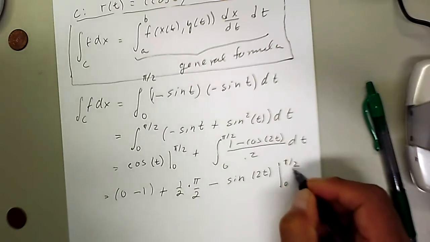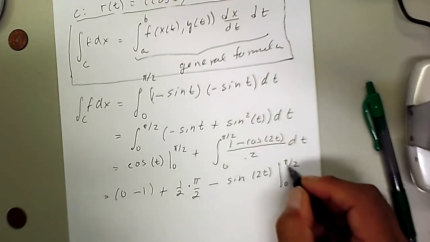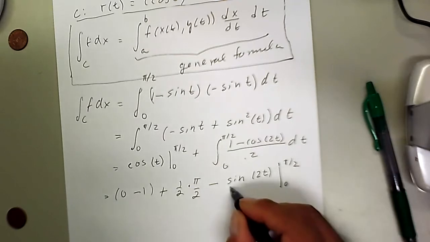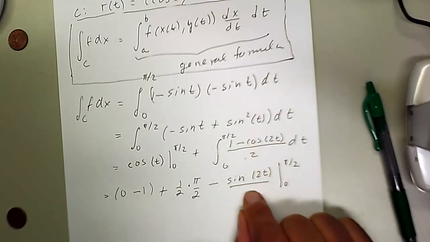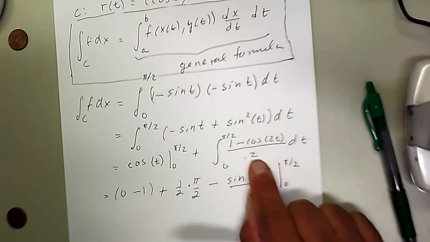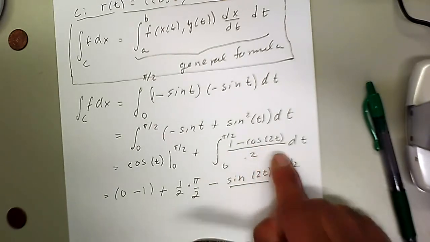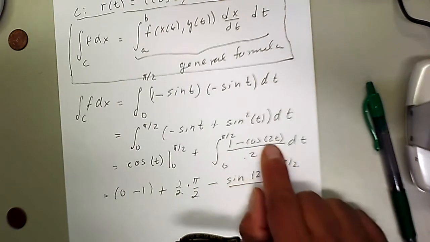And if you notice, we have to divide by 2 because this 2 also divides the cosine, so that carries over. In addition to that 2, we have another 2 because of this extra 2.